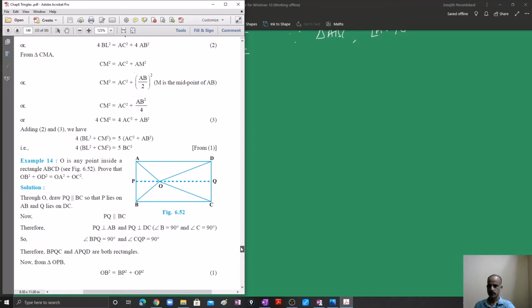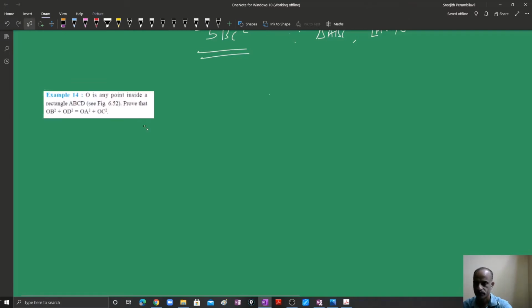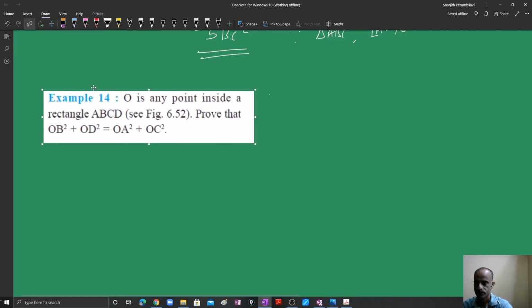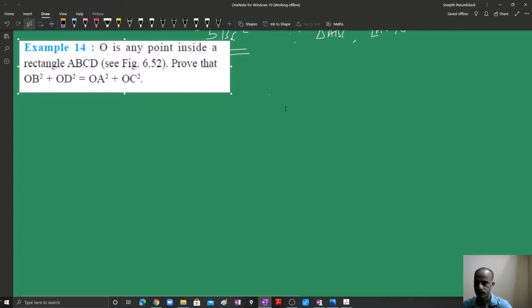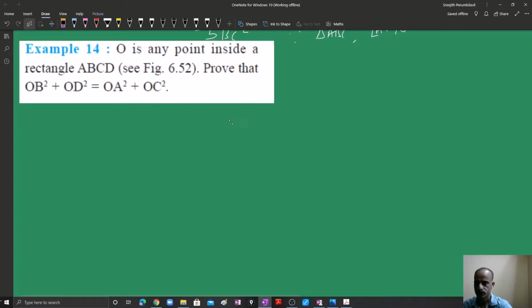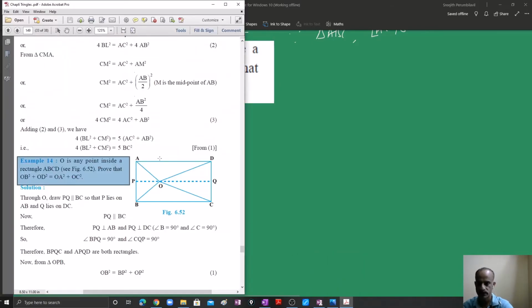One more question. This is also very important. Example 14. O is any point inside the rectangle ABCD in figure. The figure is also given, so we will take the figure also.